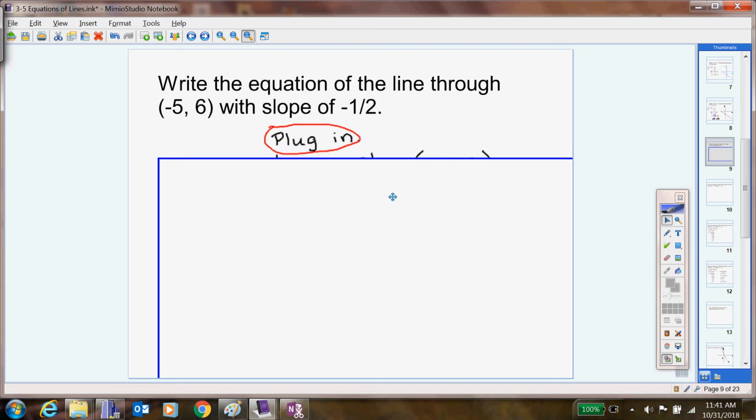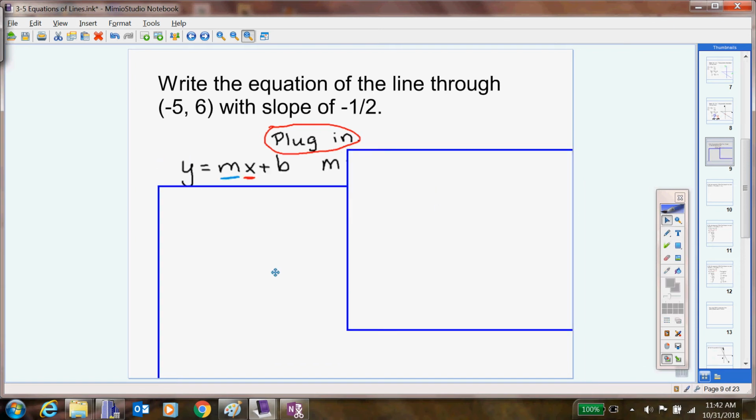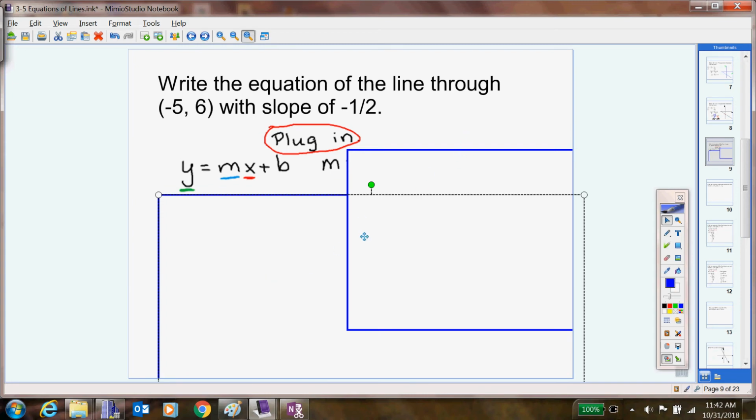So we're going to start off, we have a slope, we have a point, and we're going to use slope-intercept form, y equals mx plus b, to plug in our values. So y equals mx plus b. Out of our given information, what here is m?